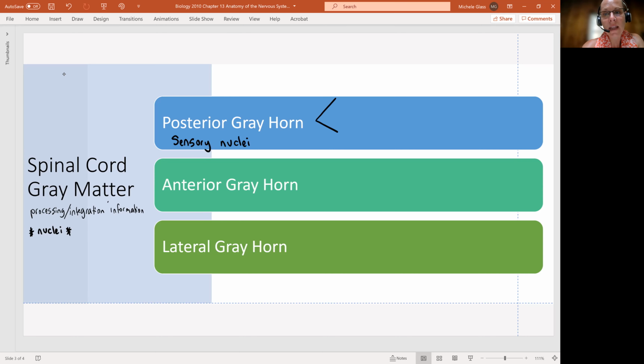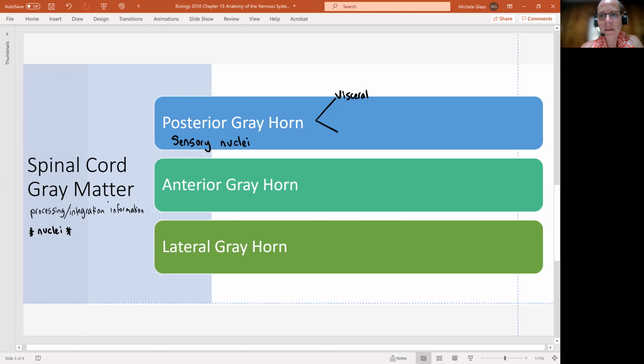We're going to have a visceral sensory nuclei. So here, visceral, I always in my mind translate this to guts. So this is sense information from the internal organs. So this is information like blood pressure, heart rate, calcium regulation, right?